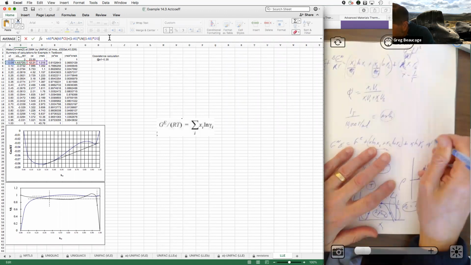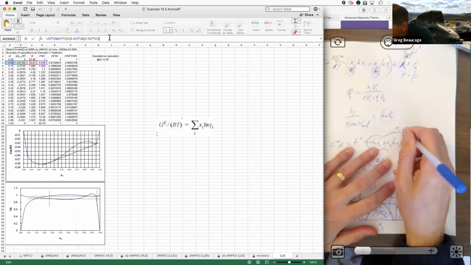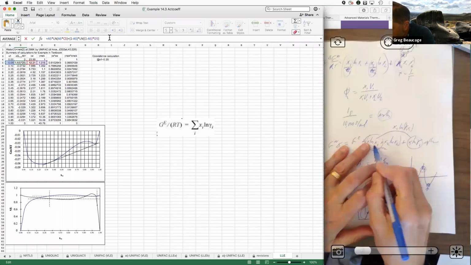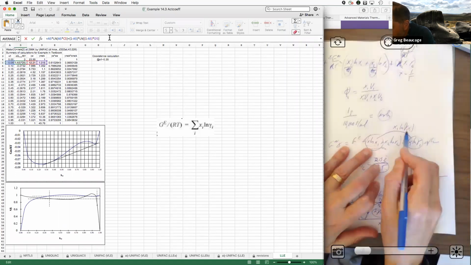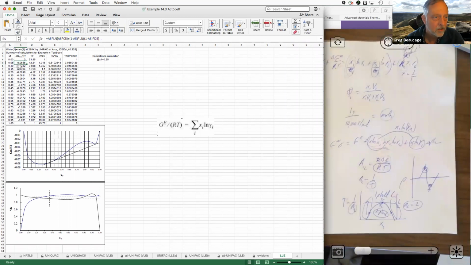So these two terms combine to x1 ln gamma 1 x1, right? Because if you sum 2 logs, the argument multiplies, right? So that's what it is, gamma times x1, gamma times x2 in the arguments, and then times x2 times x1. That gives you the Gibbs free energy of mixing.